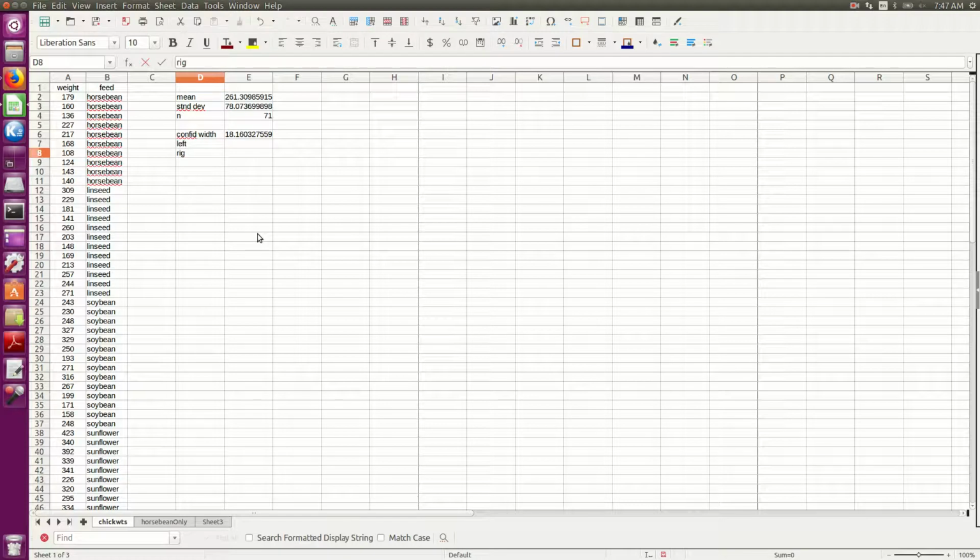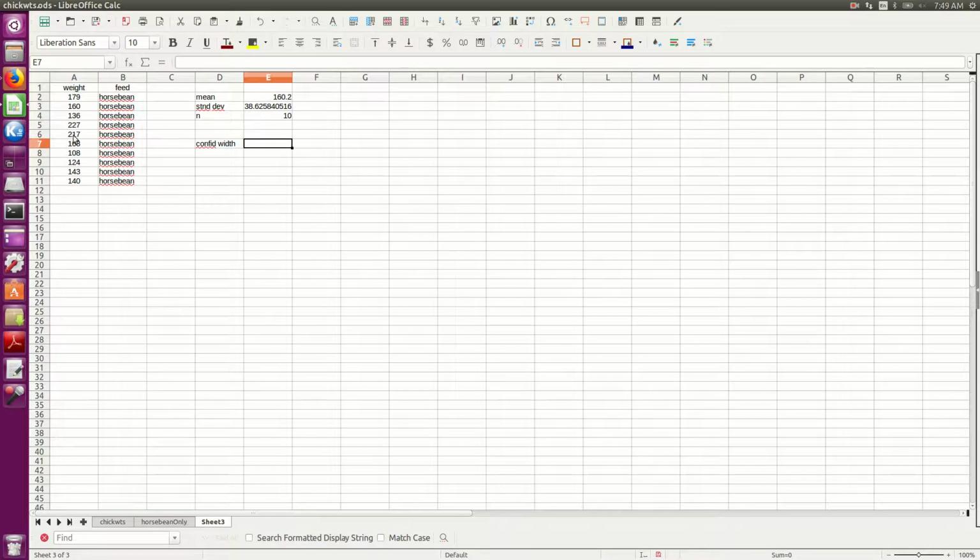Left is just equal to our mean minus that width, and our right is equal to that mean plus our confidence interval width. And so there I see the confidence interval goes from somewhere around 243 up to 279.